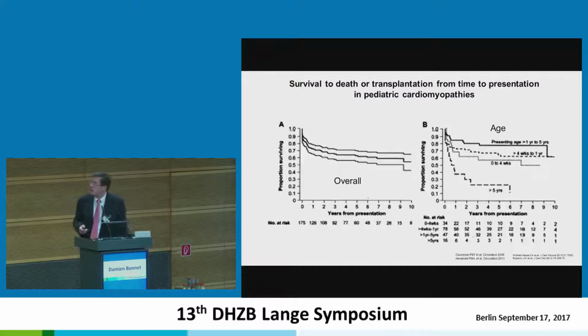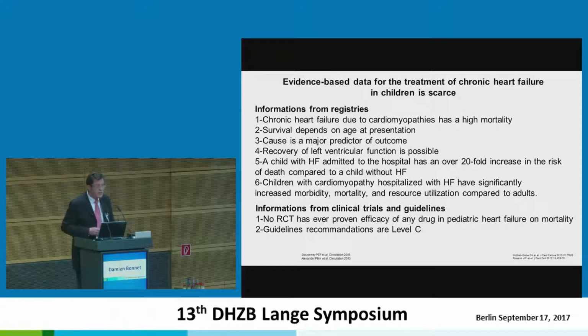As you can see here in the recent registries, on the right side is the overall mortality, and on the right side for you, this is the mortality related to age, and you can see that there are differences between the oldest and the youngest patients, probably related to the difference in etiology. So today, the burden of pediatric heart failure is very important, because the mortality is still very important.